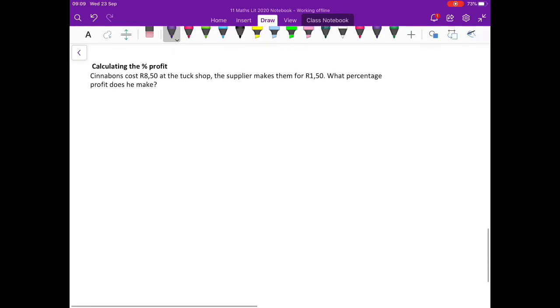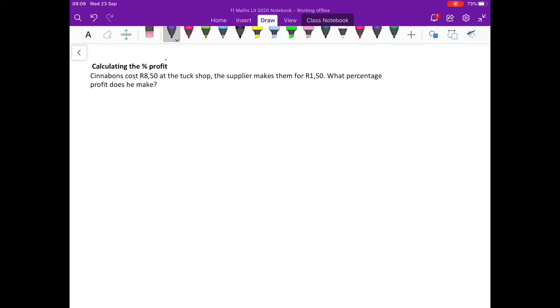Related to cost price and selling price, we sometimes want to calculate the percentage profit. So for example, Cinnabons are R8.50 at the tuck shop. The supplier makes them for R1.50. What percentage profit does he make?